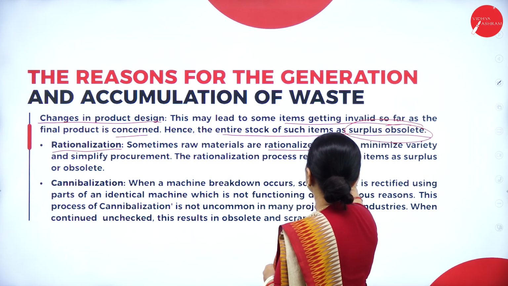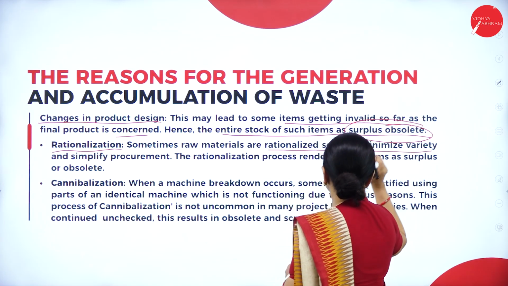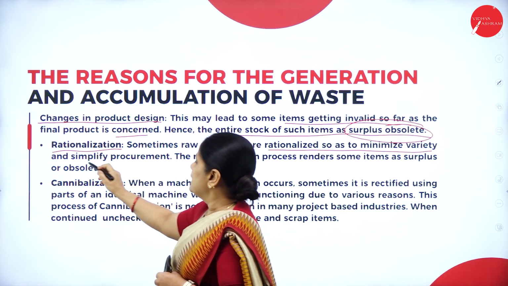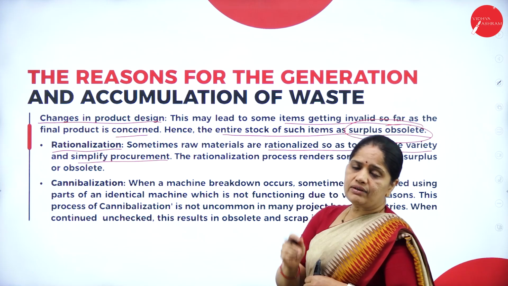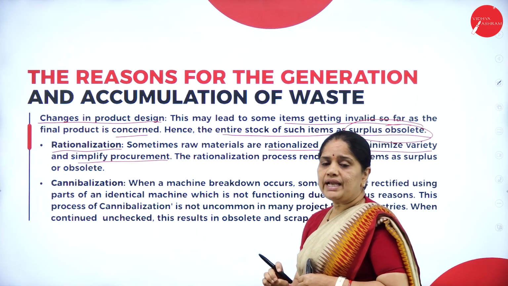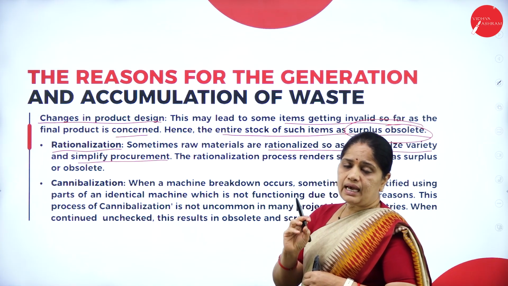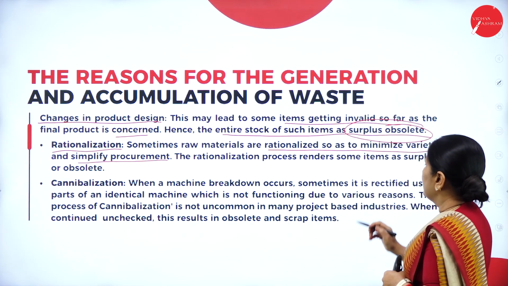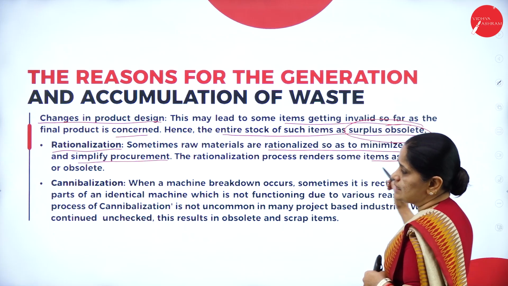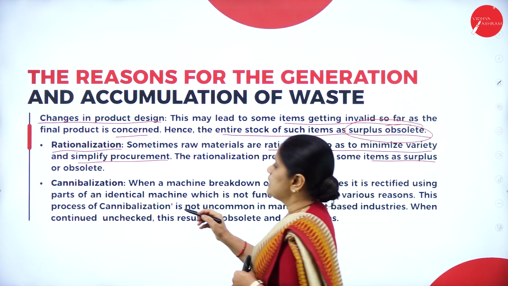Sometimes raw materials are rationalized so as to minimize variety and simplify the procurement. Try to see that whatever raw materials you are supplying to the production house are kept to the minimum, and in this way it renders some items surplus or obsolete.